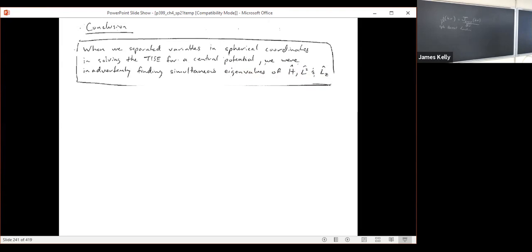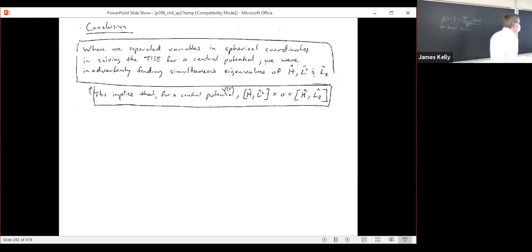So when we separated variables before, not only did we find eigenfunctions of H, but we also found eigenfunctions of L squared and LZ, and we found eigenfunctions that are simultaneous eigenfunctions of those.